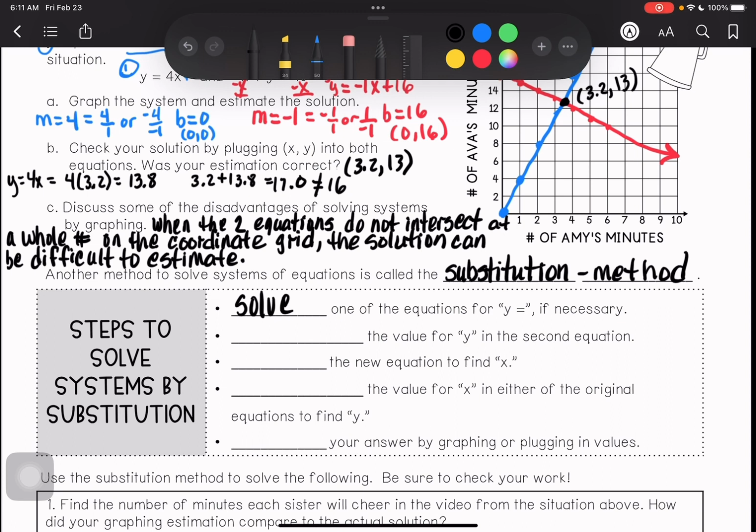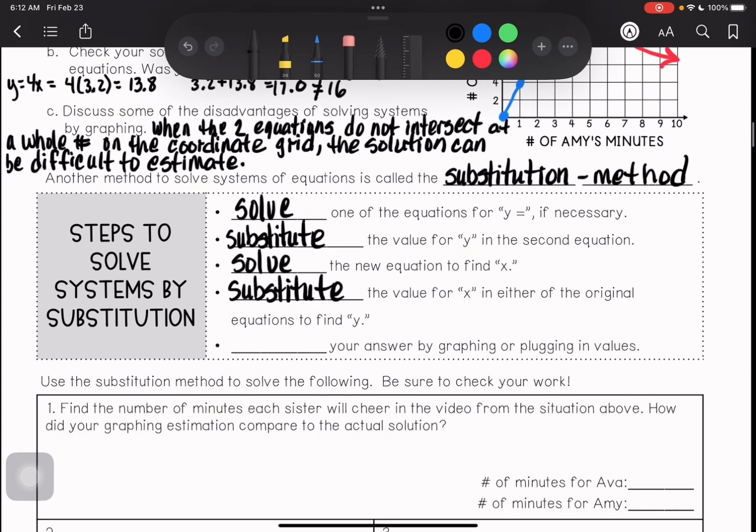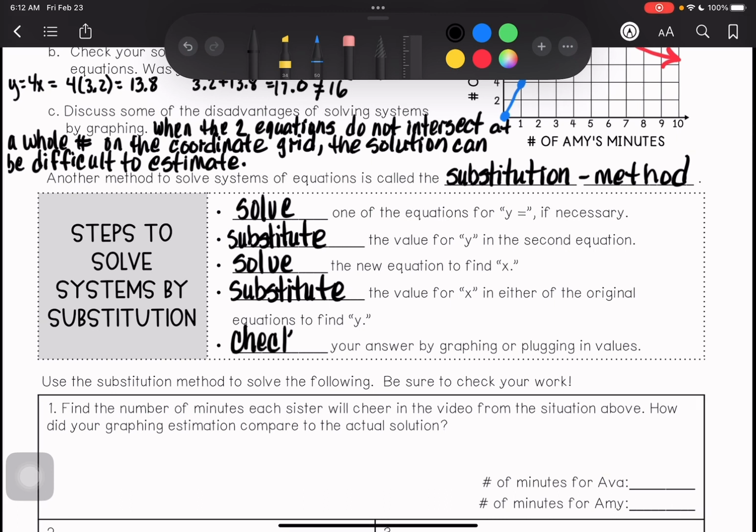Because if the equation is already written in slope-intercept form, of course you don't have to do that. But if it's not, you want to make sure you solve at least for y. The second step is you're going to substitute the value for y in the second equation. Next, you're going to solve the equation to find the value of x. Then you're going to substitute the value for x in either of the original equations to find y. And then you're going to check your answers by graphing or plugging in the values.